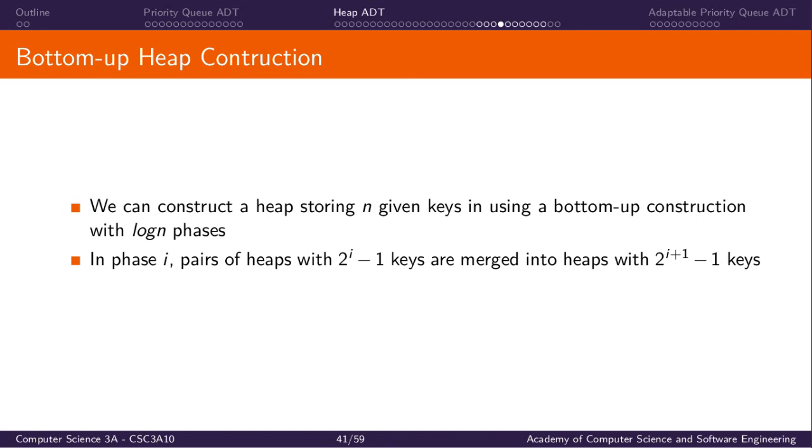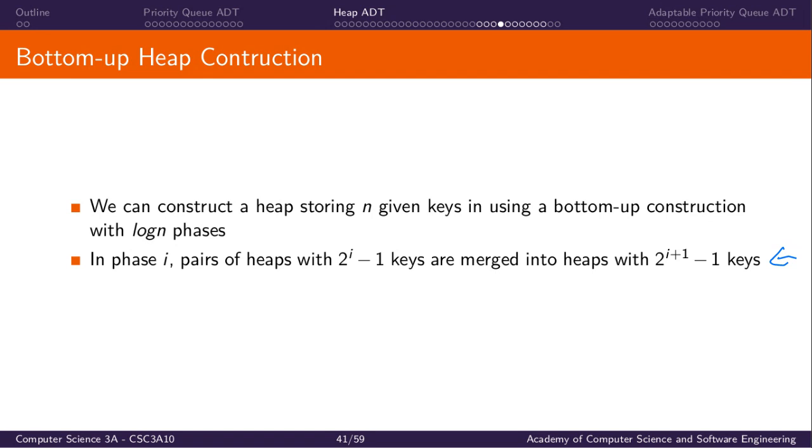In each phase, we have pairs of heaps with 2 to the power i minus 1 keys, and these are merged into heaps with 2 to the power i plus 1 minus 1 keys. Don't worry about what that actually amounts to. We're going to look at our example to see exactly what that is. What it's saying is that we're going to have a series of phases, log n phases.